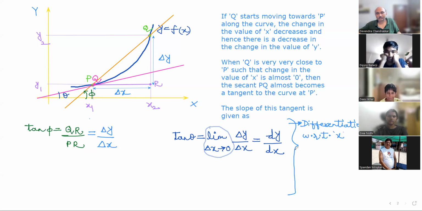This is the first thing. What is the operation we are performing here?